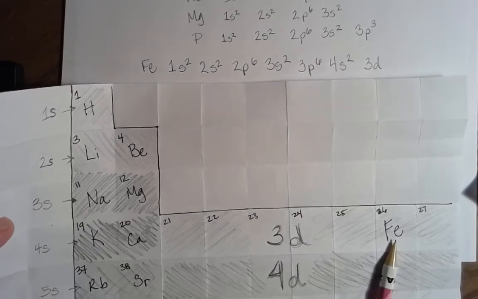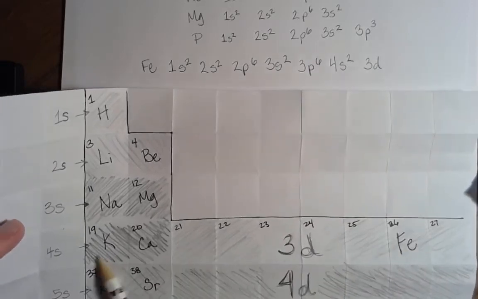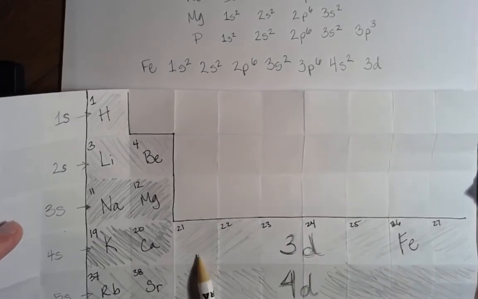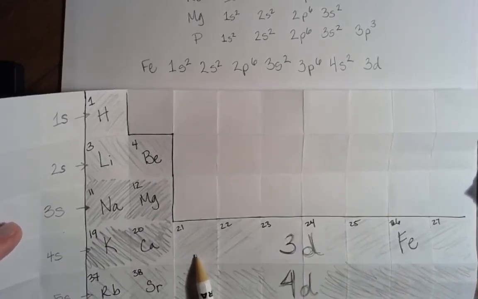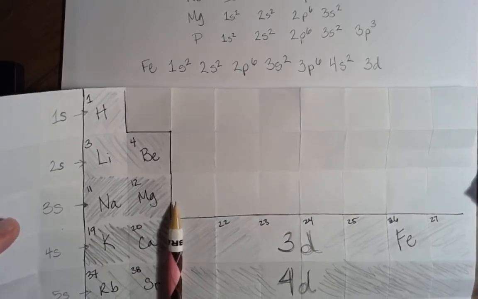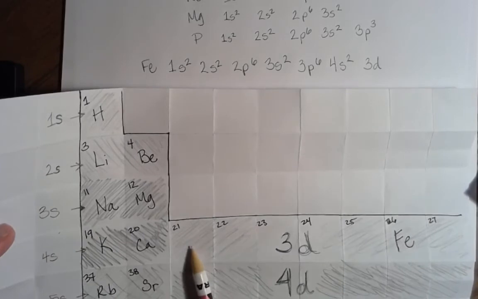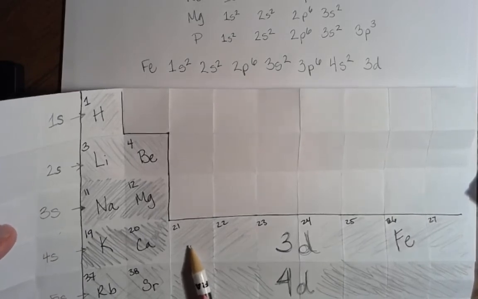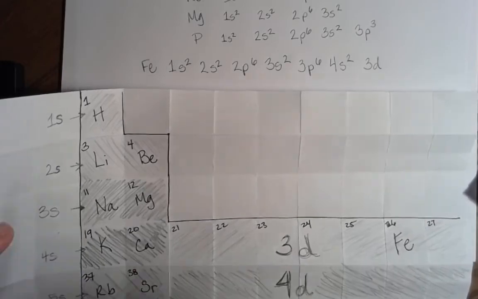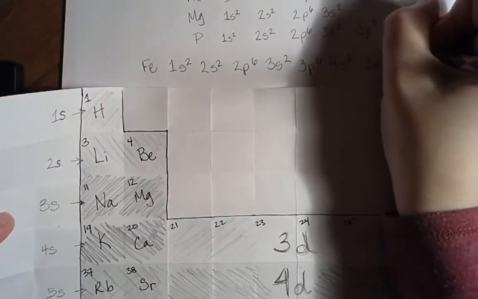So just to show that again, we've already accounted for these 2 in the 4s. We're only looking at the 3d now, so start from where this D block starts, where the transition metals start, and count how many electrons in the 3d orbital. We've got 1, 2, 3, 4, 5, 6. Okay, so we write that up here. We say 3d6.